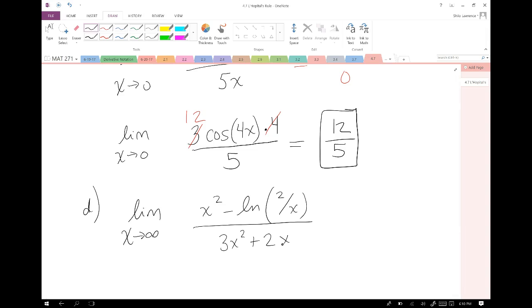So if you think about what would happen if you plugged in infinity, now technically you can't plug in infinity. We just want to know where each of these pieces is headed towards at infinity. 2 over infinity is going to 0, and the natural log of 0 is going to negative infinity.